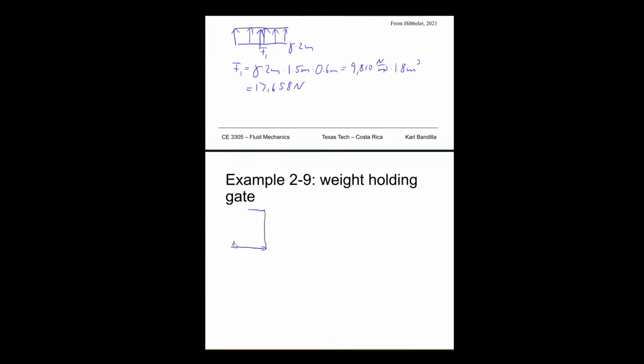So we'll have something that looks like this. But we're going to break this apart. I'm going to say this is equal to a rectangular part, plus a triangular part.